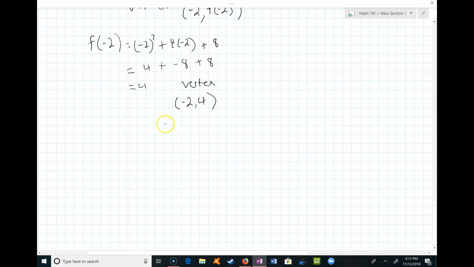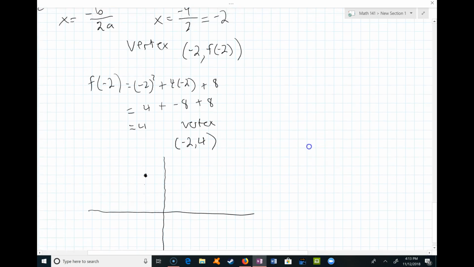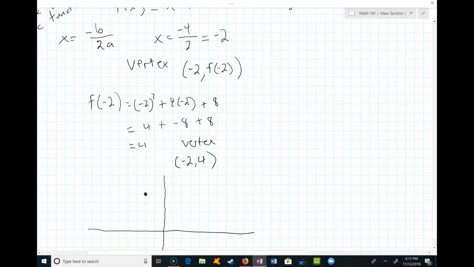Okay? So if we were to graph that thing, negative 2, 1, 2, 3, 4, put a little dot there. So that's the vertex. Now, of course, that's not the whole graph. We need to find more than that, but knowing where the vertex is tells me where else I can look. So I've got a little chart here that has my x and y and negative 2 and 4.